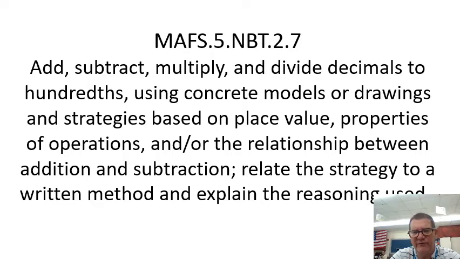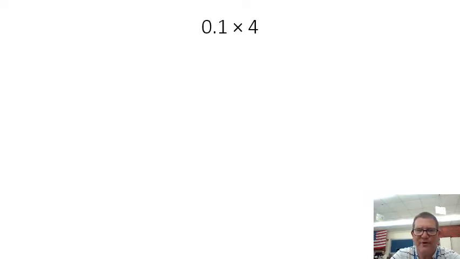Okay, I'm going to show you a couple different ways you can use what you know about fractions to help you multiply decimals. First, let's take 1/10 times 4. If I change this to a fraction, it's 1/10 times 4, which equals 4/10.